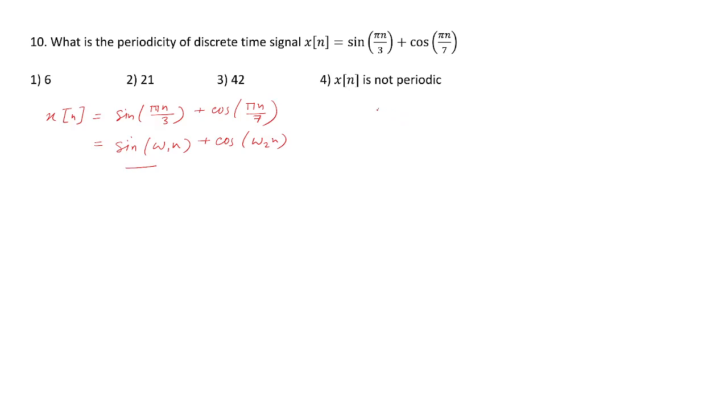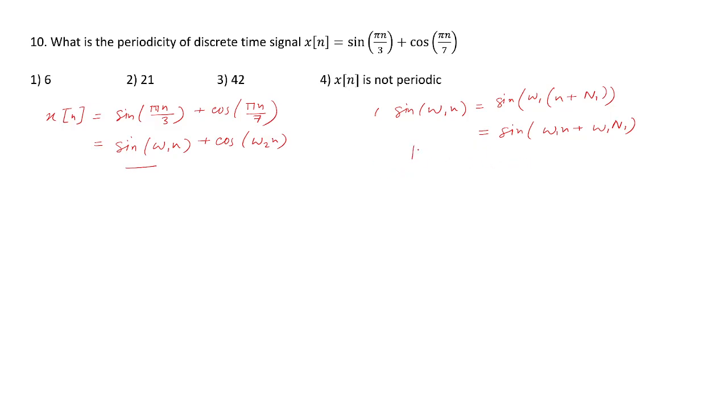Again, sin(omega 1 n), if it is periodic with capital N1, it should be equal to sin(omega 1 n plus omega 1 N1).